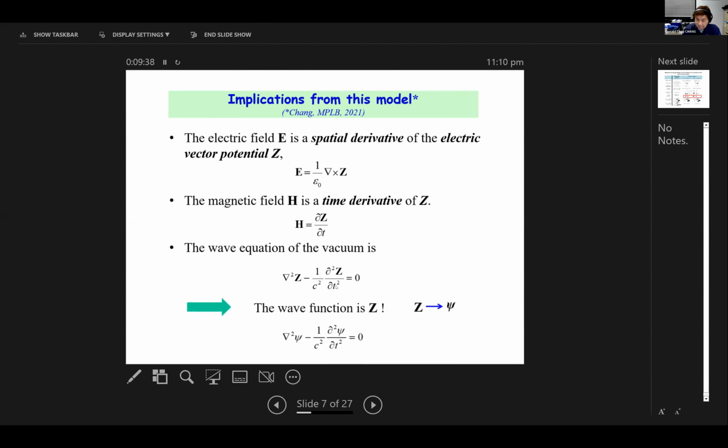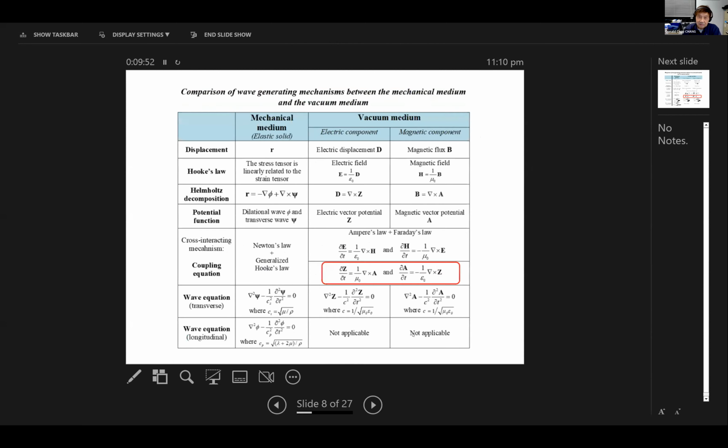This reminds us of the excitation wave equation in the vacuum, which has this form. So you can compare directly, and this wave equation is just for C.